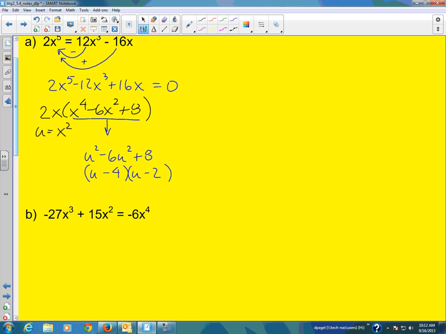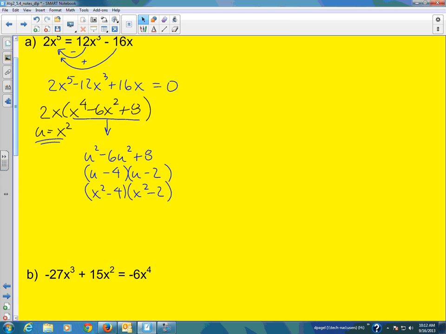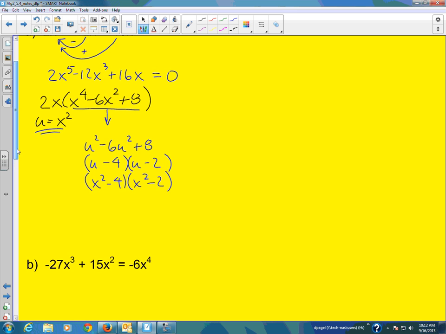And then I have to reapply my substitute value, so put that x squared back in. And I have a situation where that x squared minus 4 is factorable because it's a difference of 2 squares.